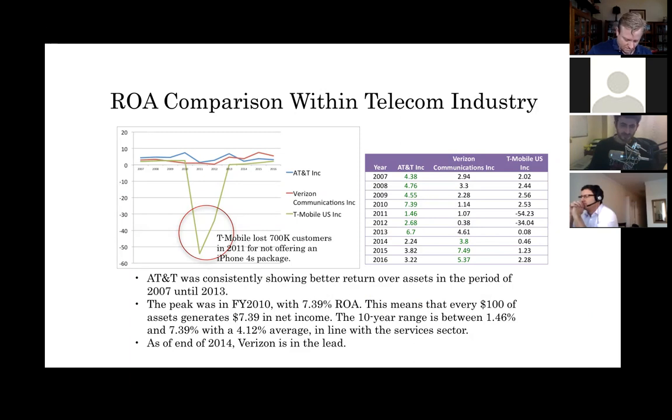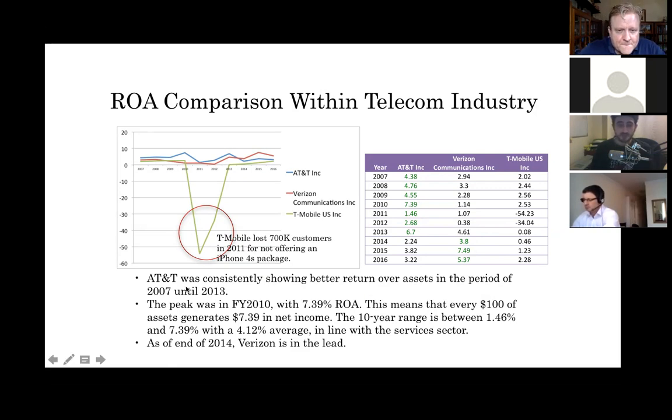One thing that's interesting to notice, I could have chosen T-Mobile as the case because it's a bit interesting. They had a huge drop starting the last quarter of 2011 and for the full year of 2012, where they lost 700,000 customers within one quarter. That is basically because they did not offer a package for the iPhone 4S, and that made a huge difference.